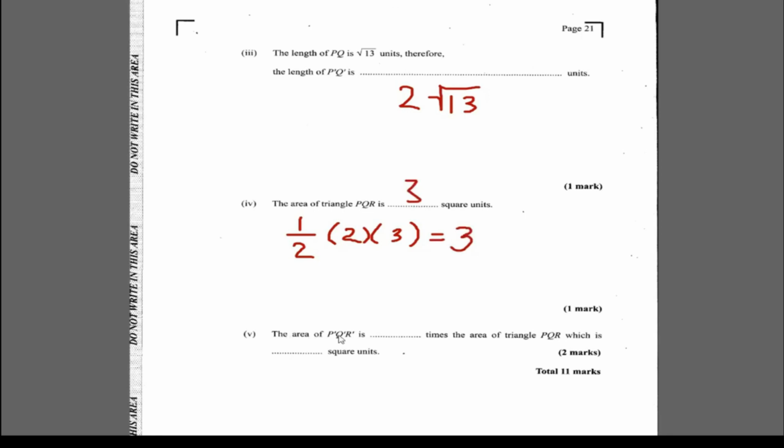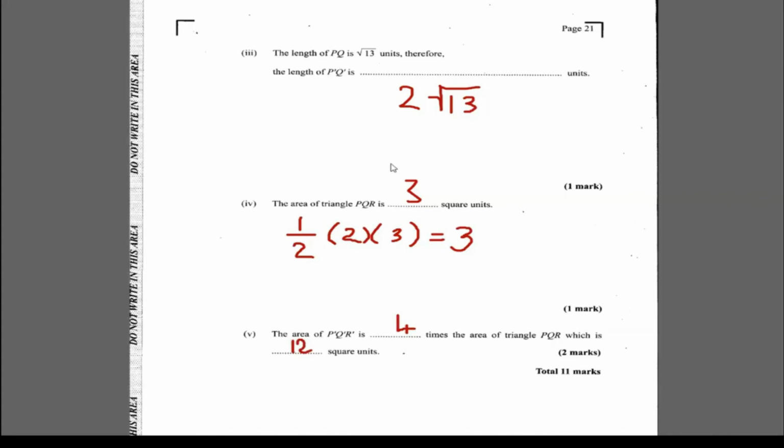Then the area of P prime, Q prime, R prime is going to be 4 times the area of triangle PQR, which is 4 times 3, which is 12.